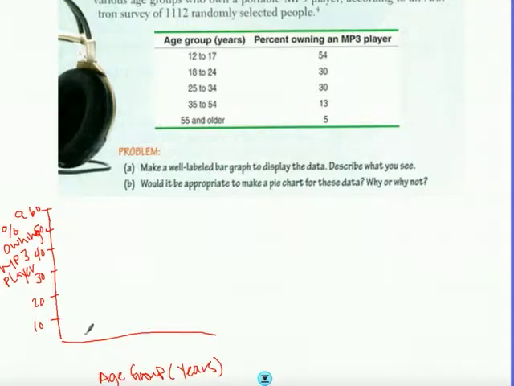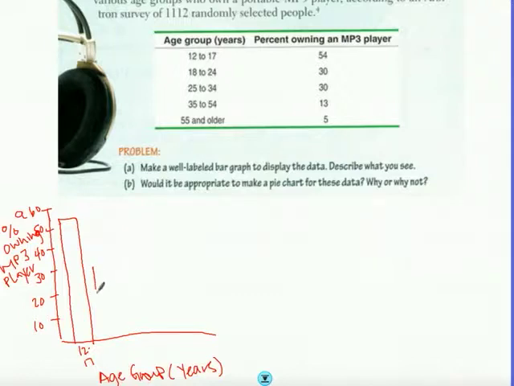All right, then I'm going to draw a bar for each one of these age groups. I'm going to do 12 to 17 first, and 12 to 17 goes to 54%. So it's up here past 50, but a little bit less than halfway between 50 and 60. There's my bar for 12 to 17. All right, 18 to 24 is at 30%.